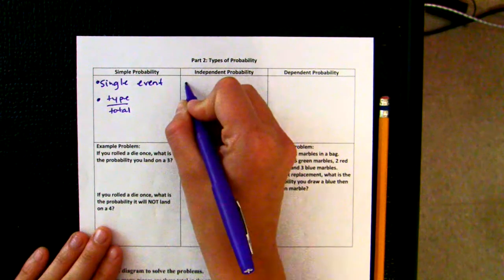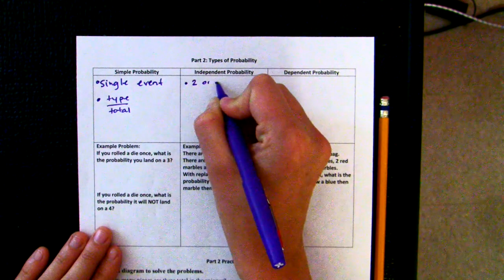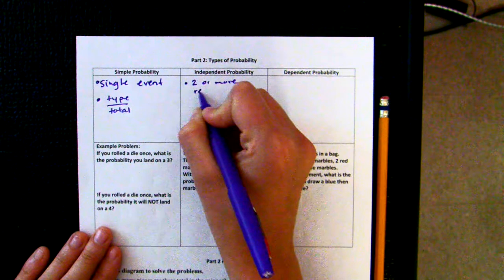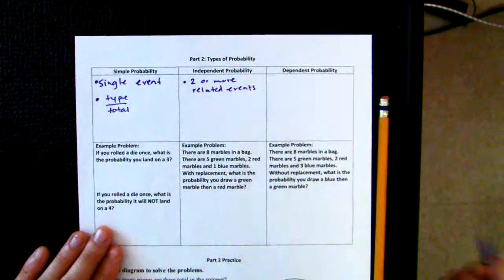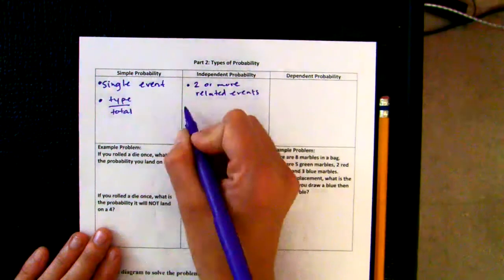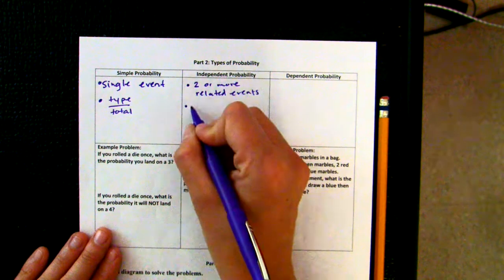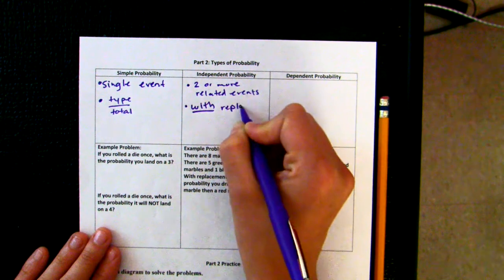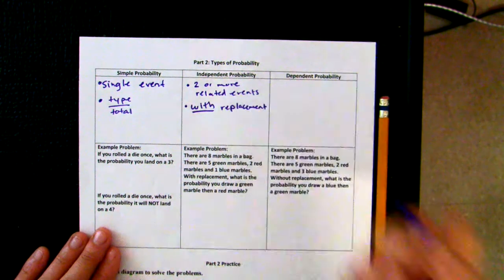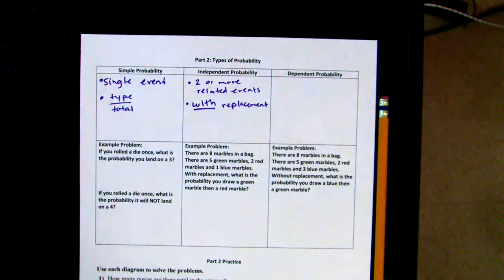Independent probability is 2 or more related events. This is our with replacement.